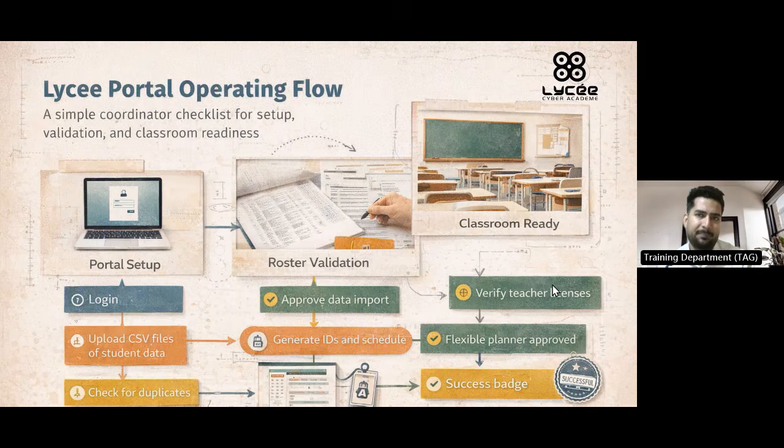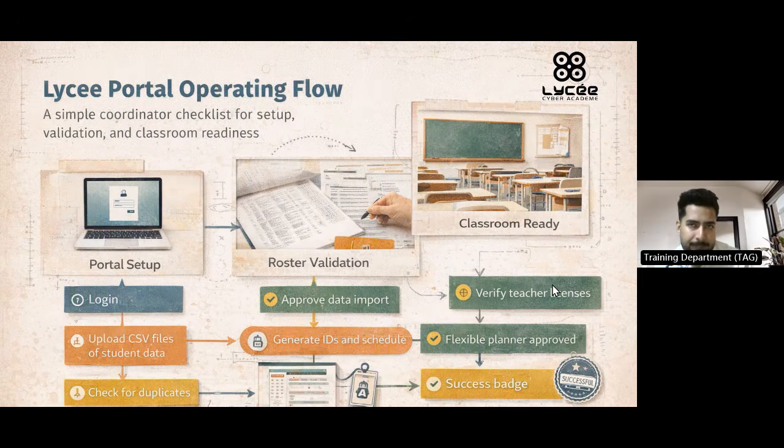So this ID and password should be submitted to the principal's desk or to the school administration team, so that if any person is changing, they can get this ID and password to operate in the system, and there will not be any problem.